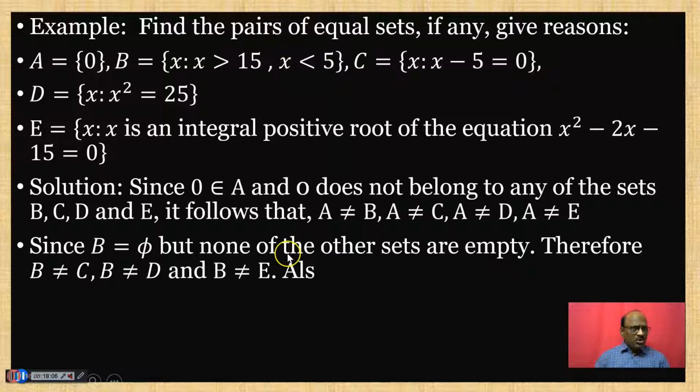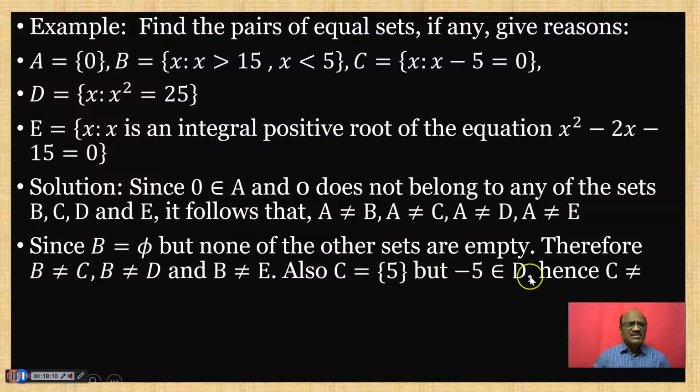So B is the empty set, and all the other sets have some elements; C has, D has and E also has. Therefore, B is not equal to C, B is not equal to D, B is not equal to E.